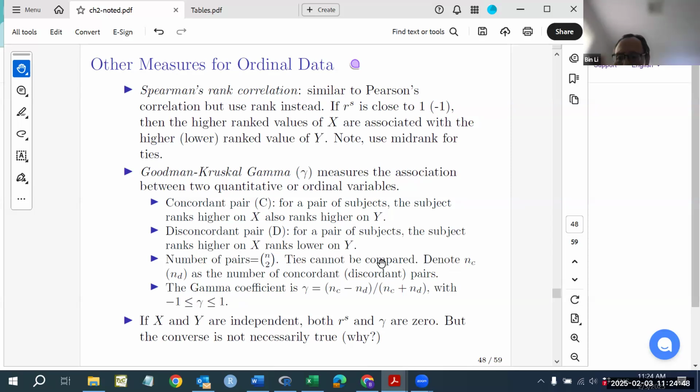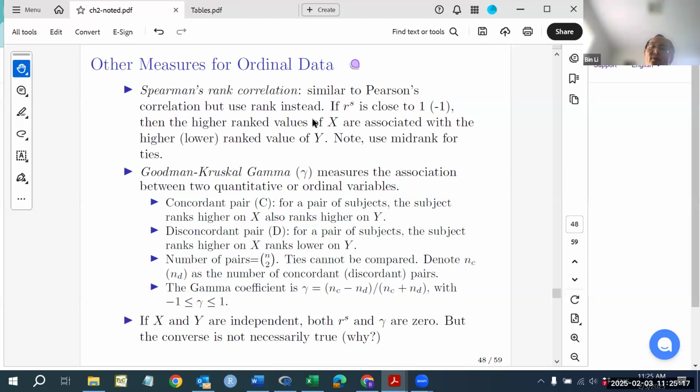Okay, so are there any other measures for ordinal data? We do have some other measures, like Spearman's rank correlation. This is the non-parametric version of Pearson's correlation, because it is based on the rank instead.